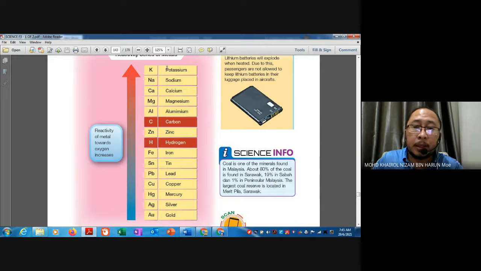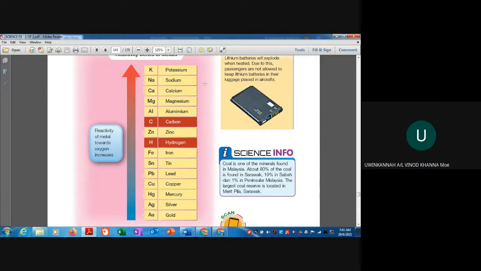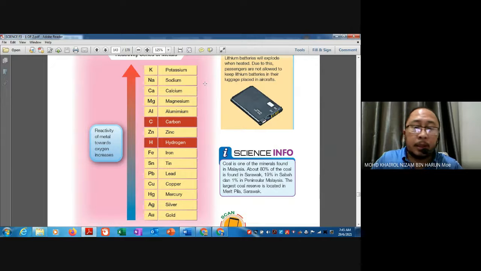So this is the name of the metals that are included in the reactivity series of metals, and their symbols are given here.